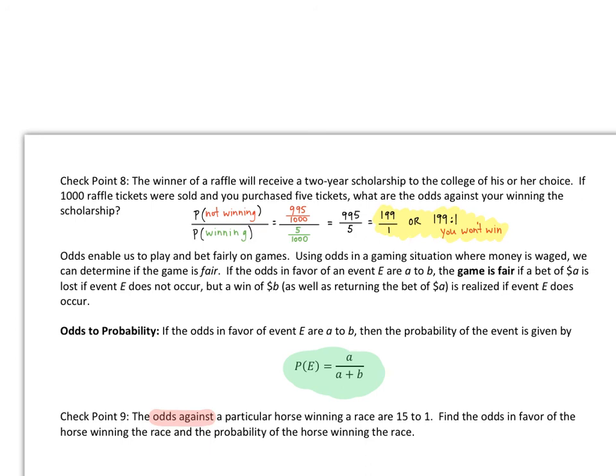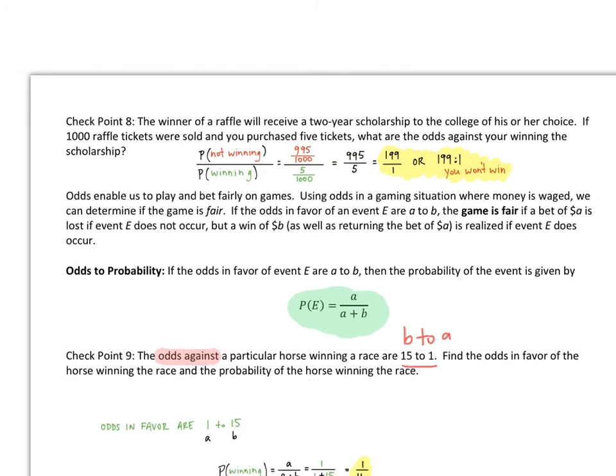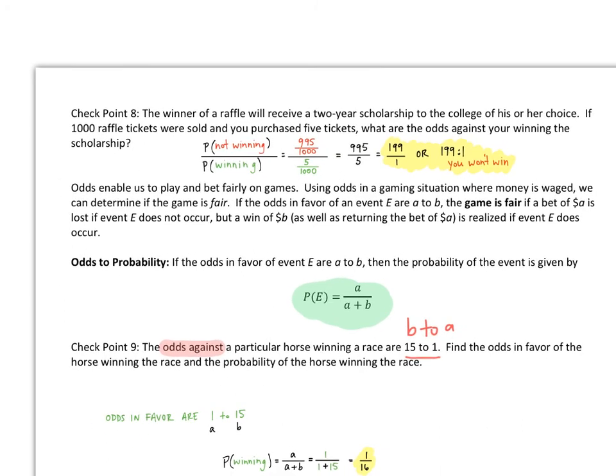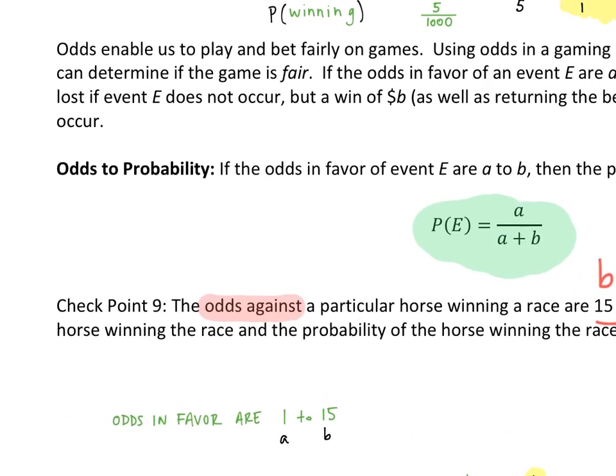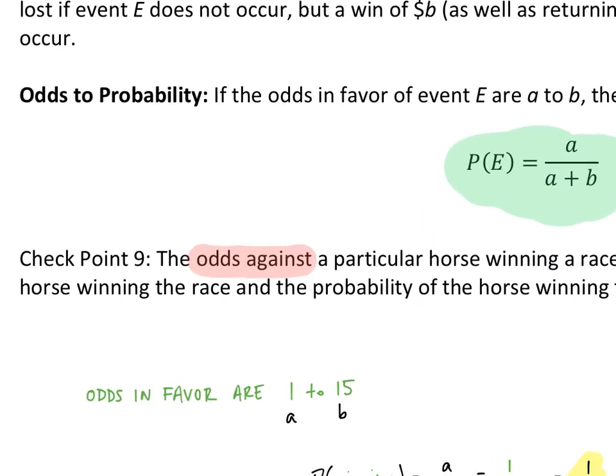If those are the odds against, then we can think about this 15 to 1 as our B to A. If we want the odds in favor, we just have to switch that. So the odds in favor are simply going to be 1 to 15.